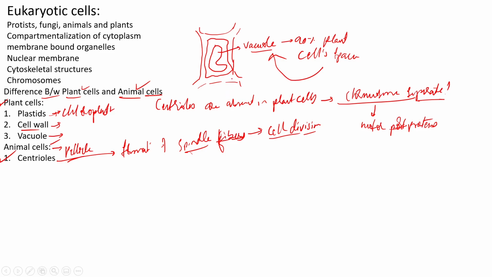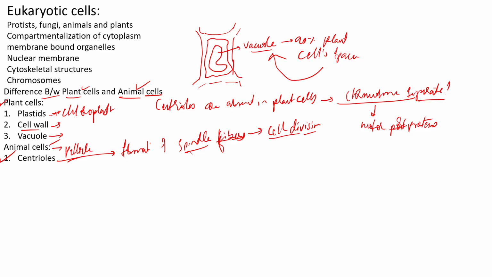Remember, the spindle fiber formation is not done by the centrioles in plant cells, but that doesn't mean that it is not occurring. The spindle fibers still form in plant cells, right? And these spindle fibers are formed from the motor proteins, not from the centrioles.